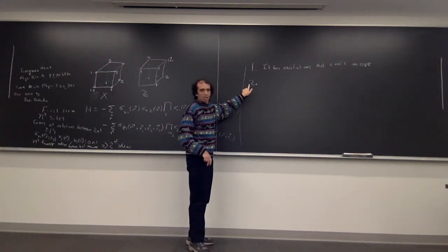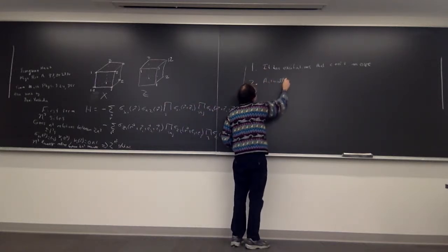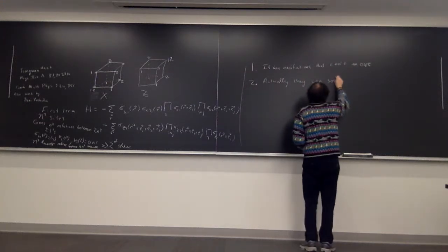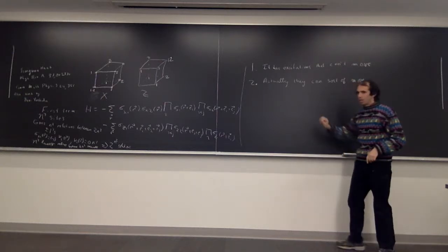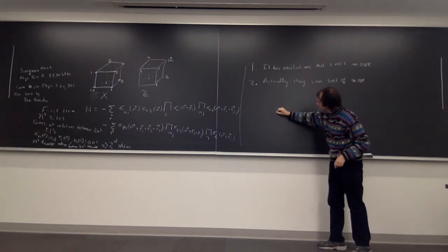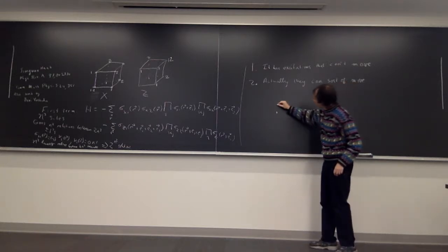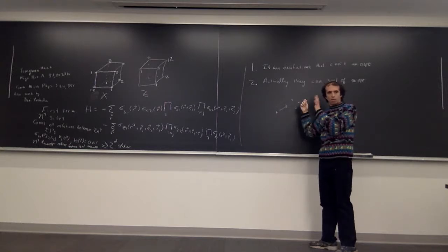The second statement is that, well, actually the excitations can sort of move. But it's a very crazy kind of movement. So if I start with an excitation here, in one step I can move it from here to a triangle that's displaced by 1 unit upward in 3 dimensions.